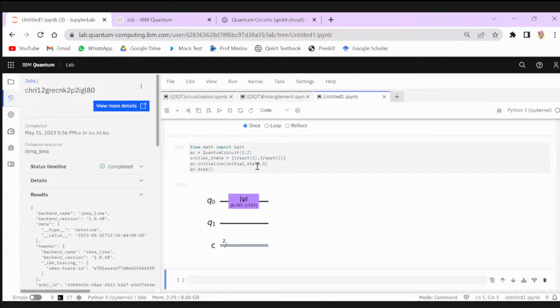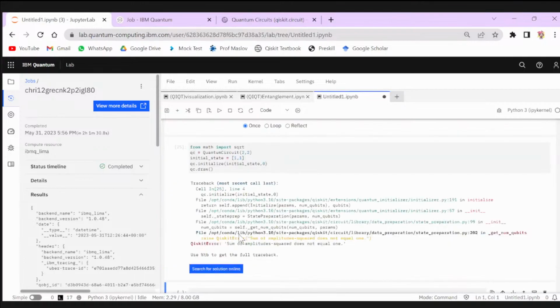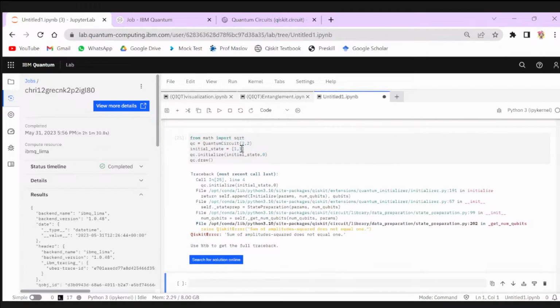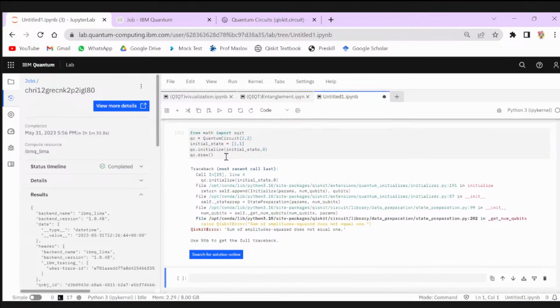But you notice we need to use the normalized state. If we use any not normalized state, then you can see the sum of amplitude square does not equal to 1. So you have to normalize the initial state, then you can initialize any state.